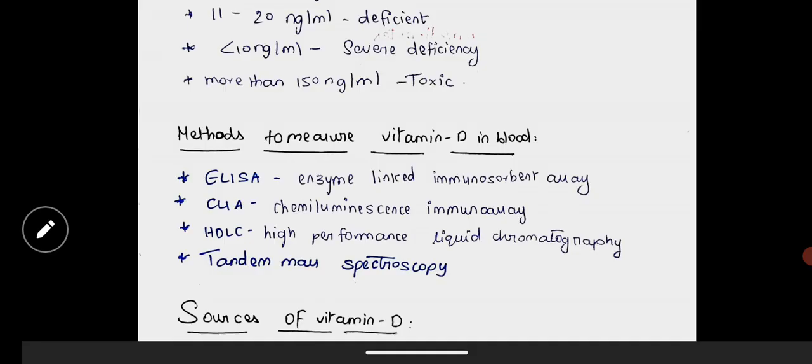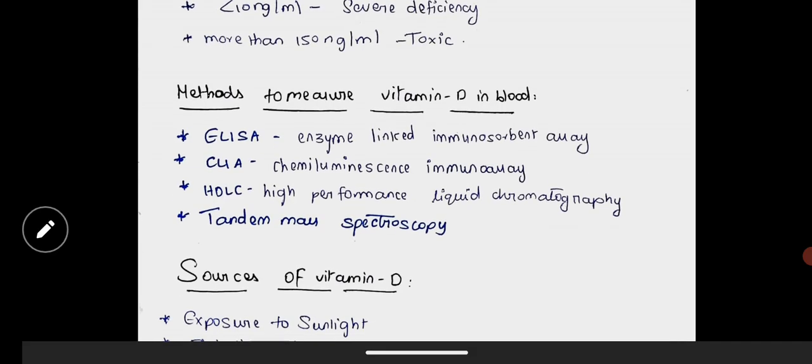But we will be forgetting, because the word explains, no, sunshine vitamin. If we are exposed to more sun, it leads to toxicity, like that we will be saying. So that's not true. That's false. So remember, I'm again saying, even though it's a sunshine vitamin, overexposure to sunlight doesn't lead to vitamin D toxicity.